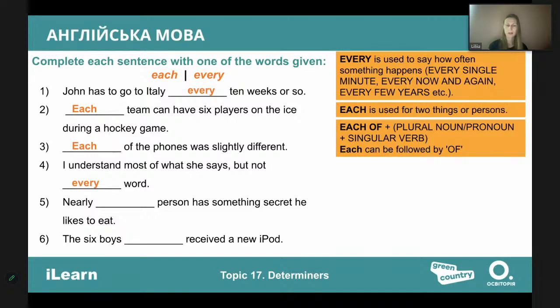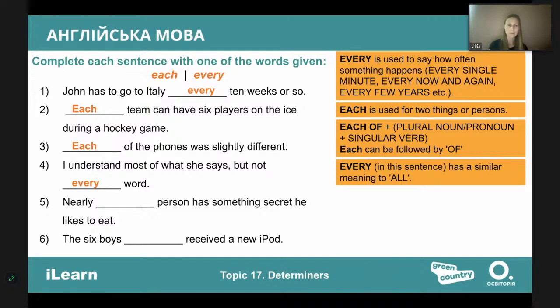Because there were many words. Number 5. Nearly every person has something, okay, secret he likes to eat. Nearly every person. With nearly, we use every.